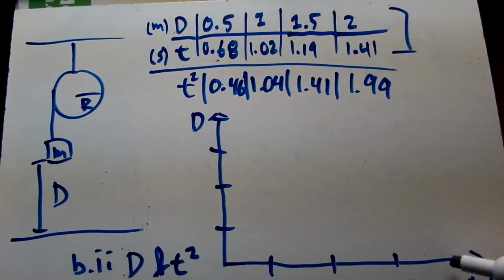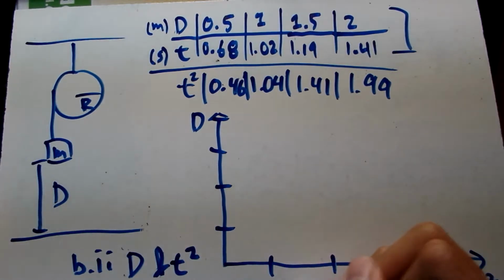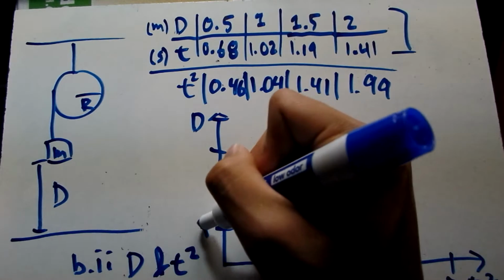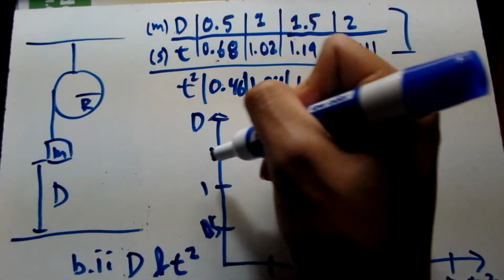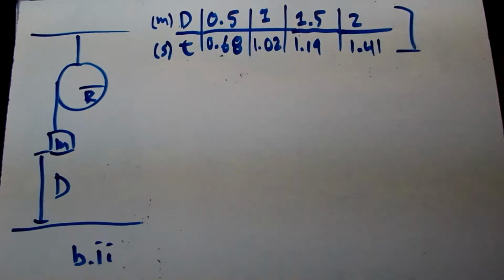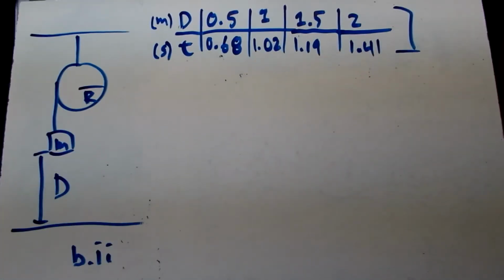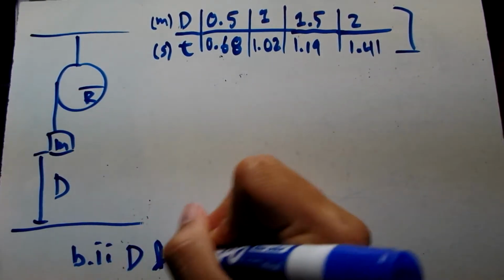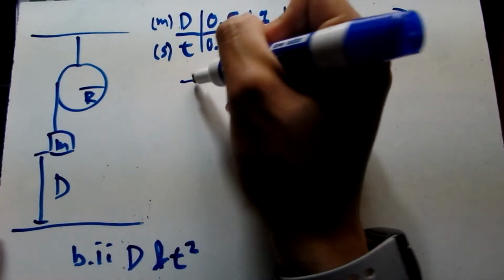Let's break it up into sections: 0.5, 1, 1.5, 2. So to graph d and t squared, let's solve for t squared.